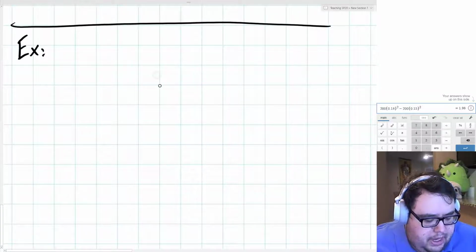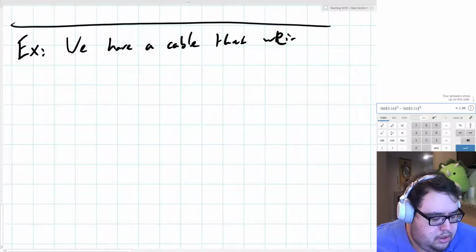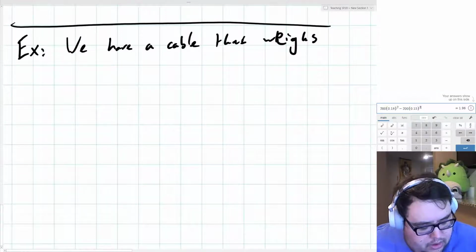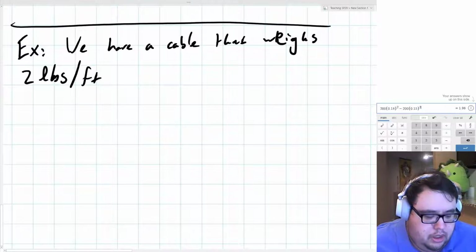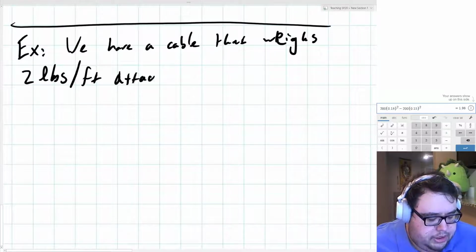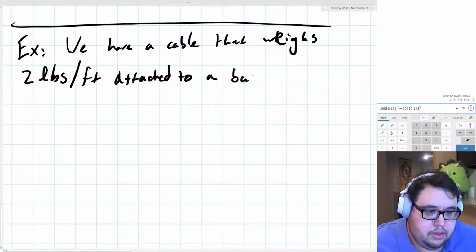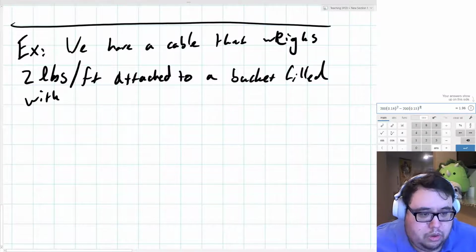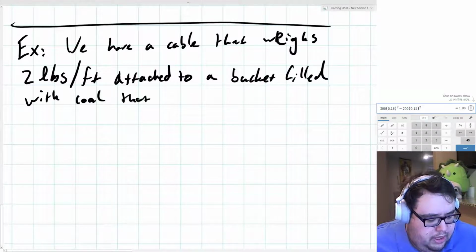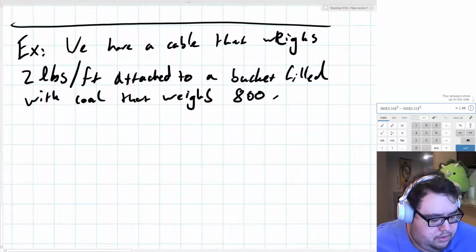We have a cable that weighs 2 pounds per feet, attached to a bucket filled with coal that weighs 800 pounds.